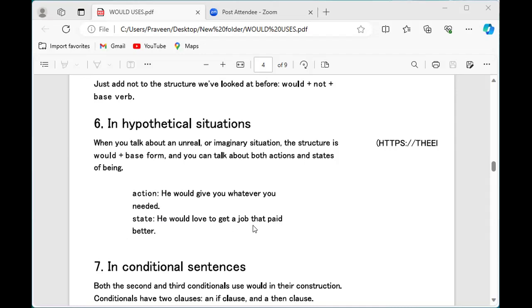He would love to work where he gets paid more for his job. It tells the condition of that sentence. Love, this one is a state, loving.